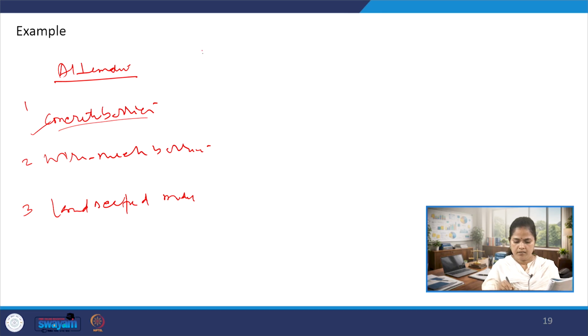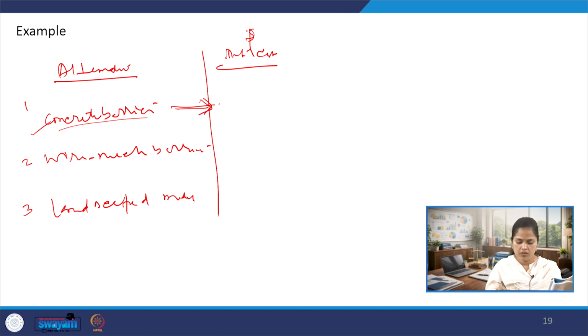The cost related to it is given, let us say the initial cost in terms of dollars, for the three options.